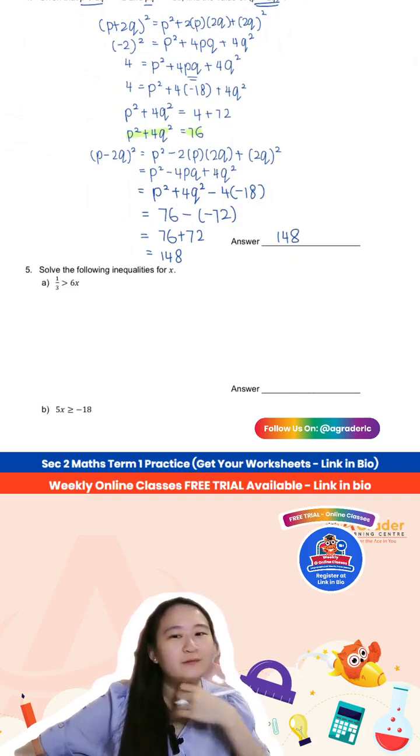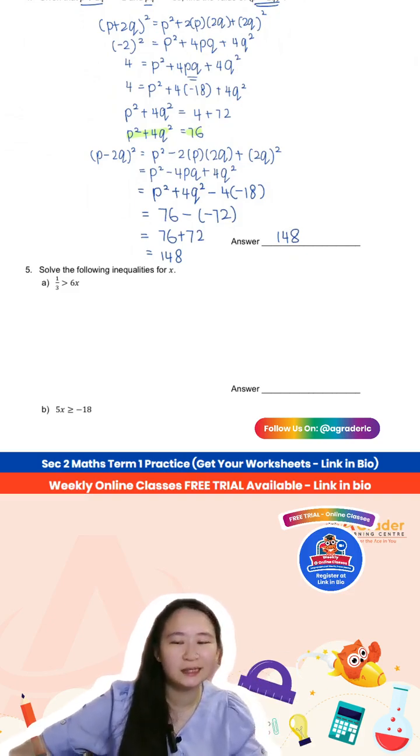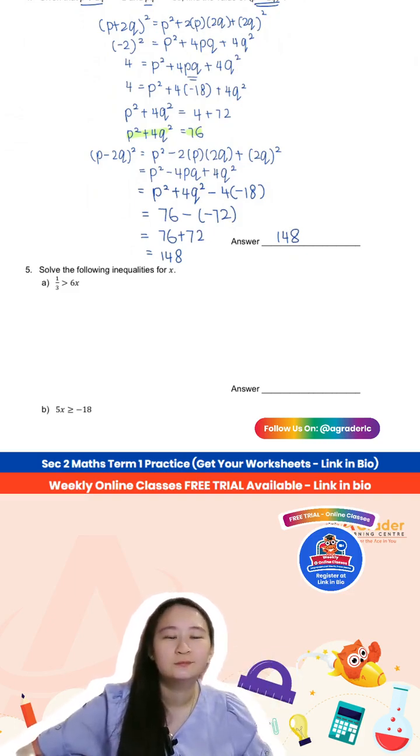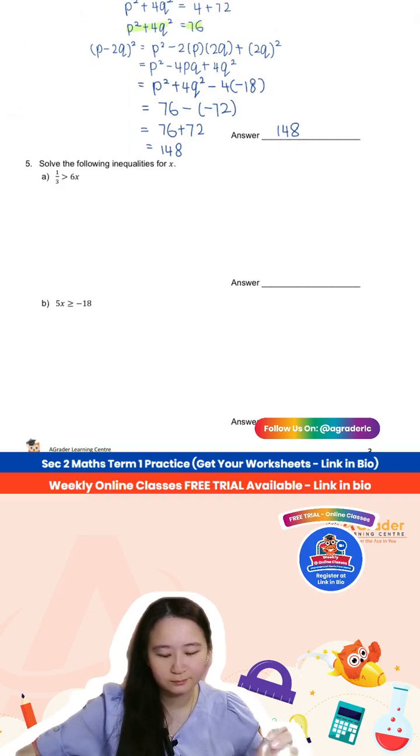Inequality is like you have the more than sign, less than sign, more than or equals to, less than or equals to. Okay. Anyone for question 5a?